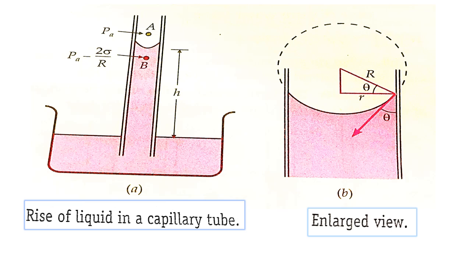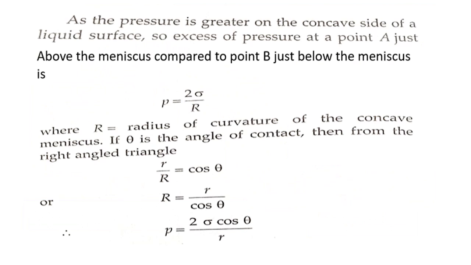Figure B shows the enlarged view. The angle of contact here, you can see, is theta. So, the same angle will be formed between small r and capital R. Here, capital R is the radius of curvature of the concave meniscus.